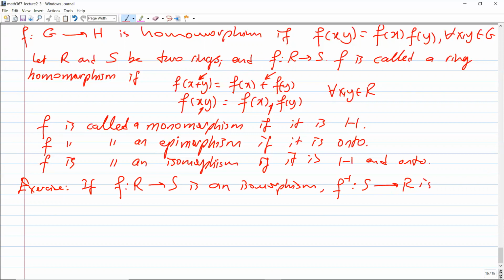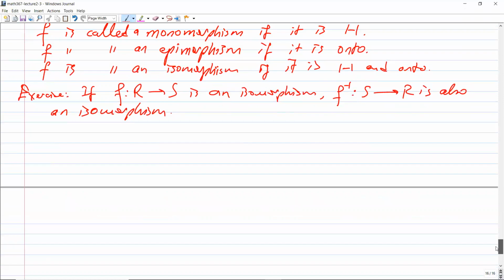This is also a homomorphism, an isomorphism. Since f inverse is one-to-one and onto, you just need to show that it is a homomorphism.